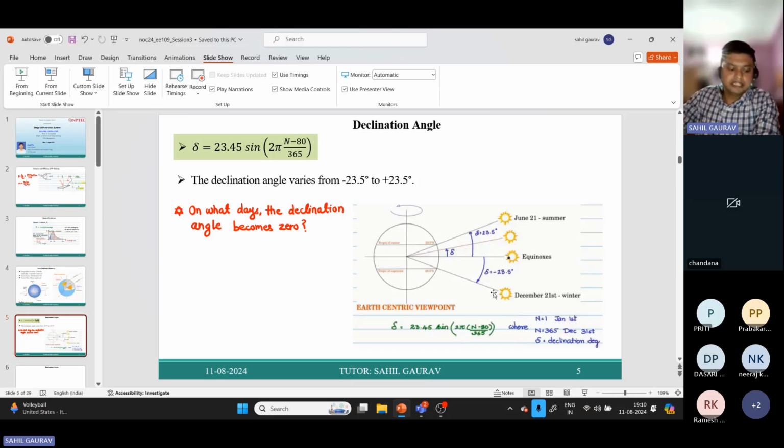And equinox, we know, is when the sun is directly in line with the equatorial plane.